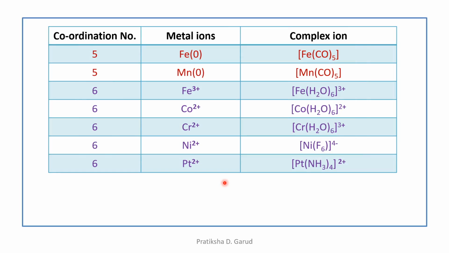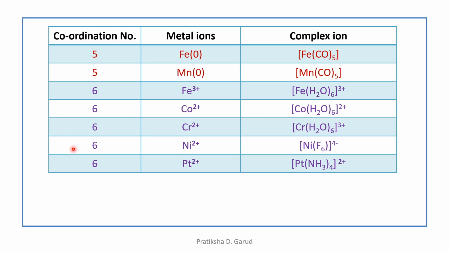Again, see more examples for the coordination number 5. For the coordination number 5, we have the metal Fe with 0 oxidation state and Mn with 0 oxidation state. Their examples are Fe(CO)5, which means coordination number 5, and Mn(CO)5, which again means 5 coordinating groups are linked to the central metal atom.